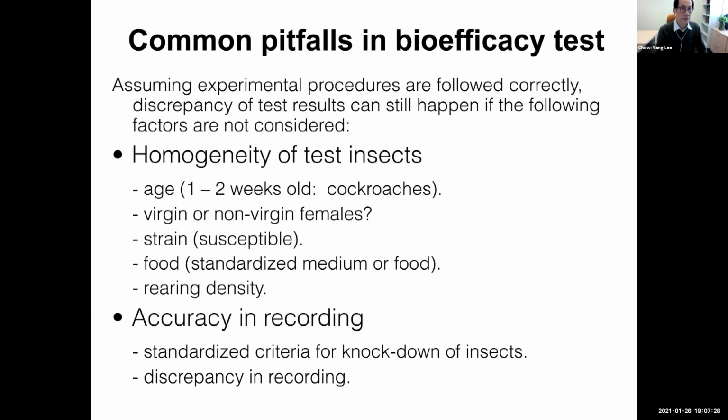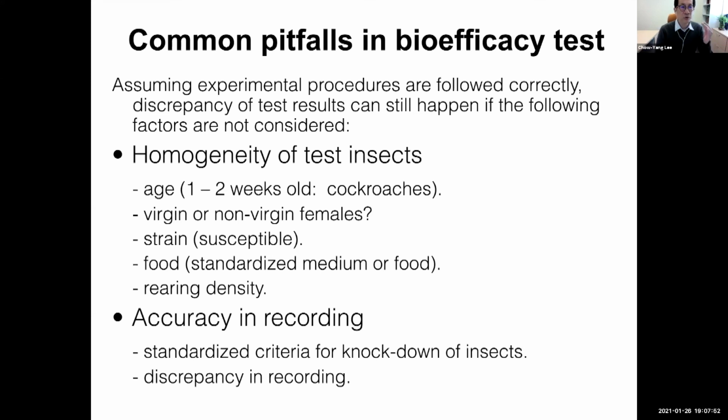Now, what are the common pitfalls in testing? First of all, it's not using standardized test insects. I know if you are doing monitoring in the field, it is very hard to do that. If you're collecting mosquitoes from the field and you want to test them right away, it is not possible to get standardized age.